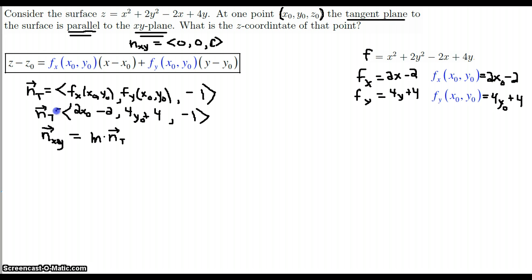How could we multiply this by something to get the normal vector to the xy plane, when the xy plane's i and j components are 0? These guys are 0, and so it must be that these guys are 0.